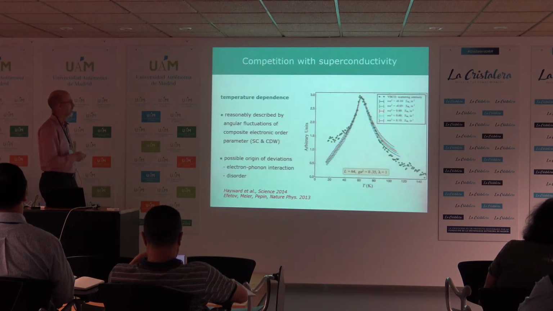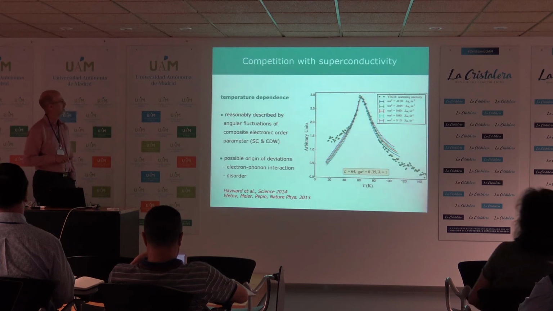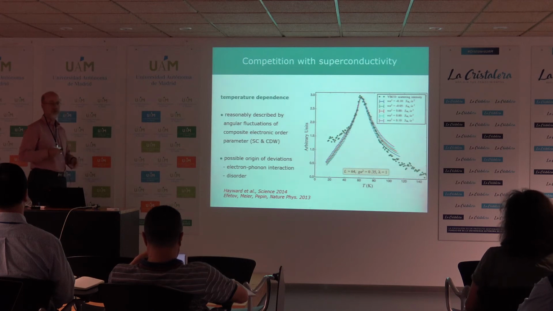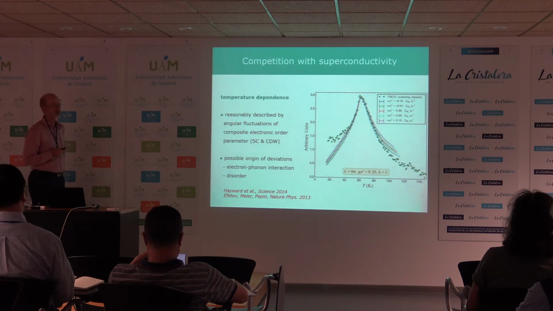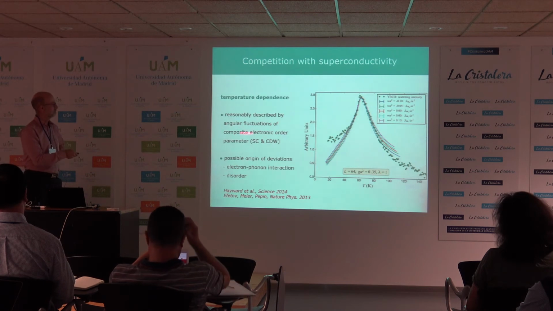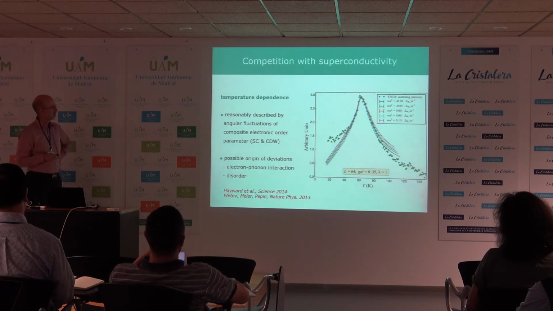There was work by Sarstedt, but also by Kathleen and her collaborators, trying to describe this behavior in terms of fluctuations of a higher-dimensional order parameter composed of both the d-wave superconductivity and the charge density wave order parameter. And there's some success, as you can see in this plot.